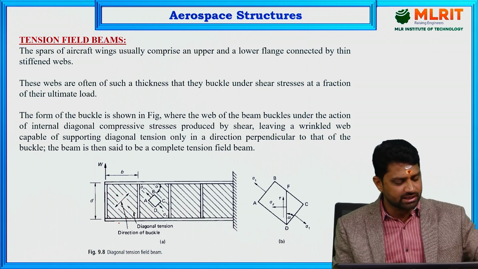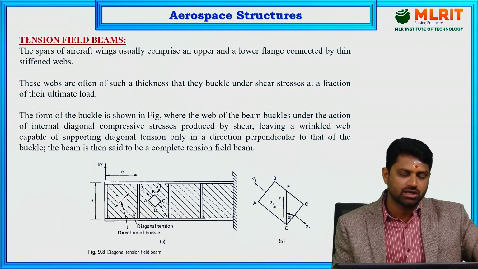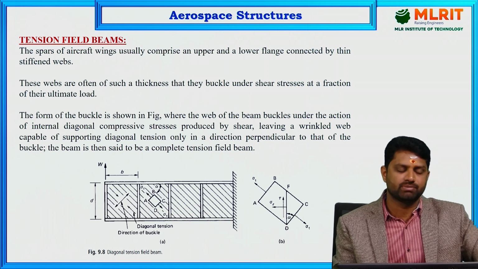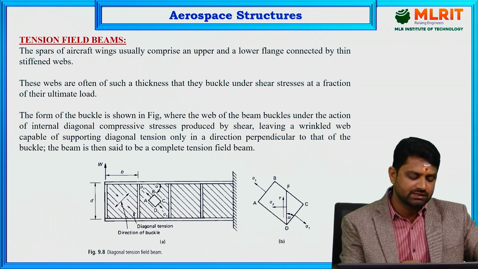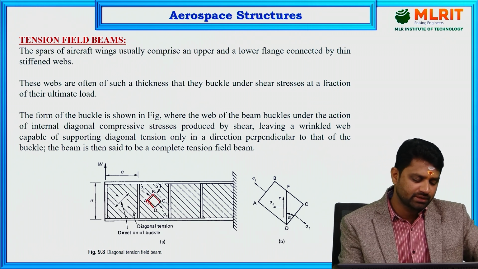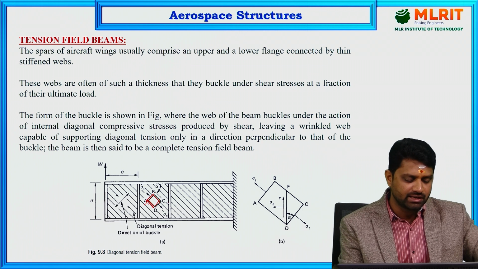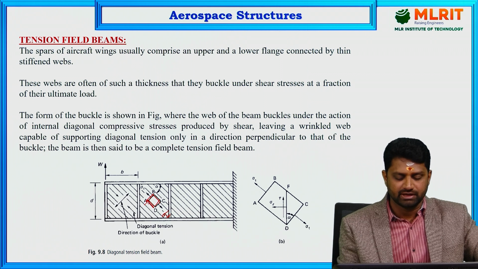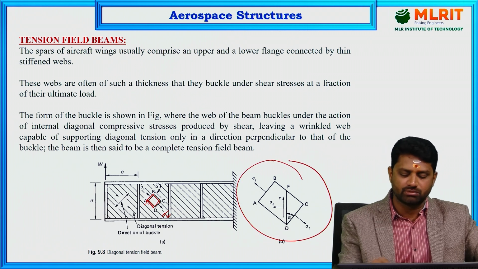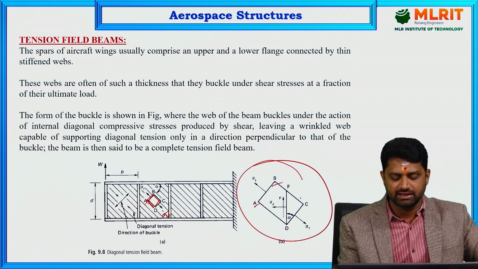To understand more deeply and predict the stresses associated with this buckling phenomenon, we consider one small element ABCD, and we consider the stresses also, sigma T. We redraw the diagram over here. This is the ABCD element we consider.